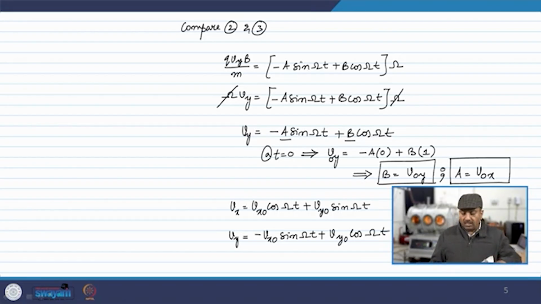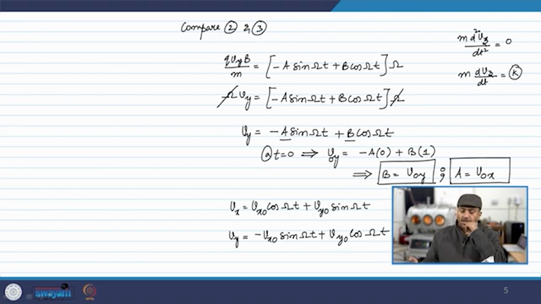Now, what about Vz? So, what do we have? We have m d square Vz by dt square is equal to 0, right. This is what we have, because there is no acceleration along the z axis. Now, if we integrate this equation once, what we will get is m dVz by dt is obviously a constant, right.